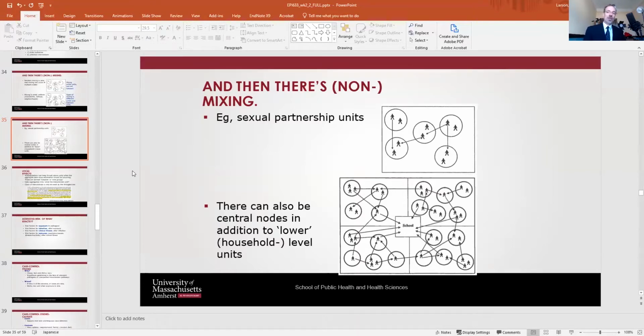And other people can have many partners. Other people can have partners that overlap. They can have serial monogamy. There's all different kinds of things that can come into changing the way that contact patterns occur and changing the way that we would calculate something like the number of infectives at time t using that handy dandy formula we have before.